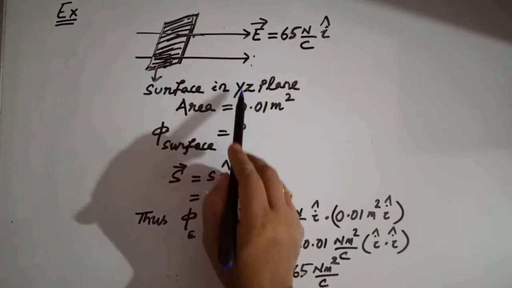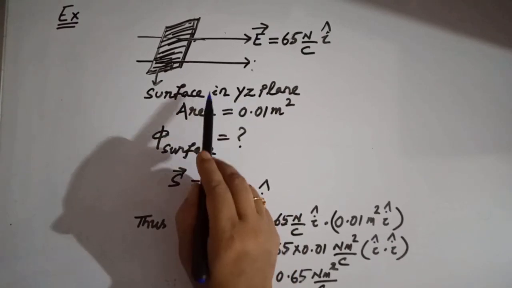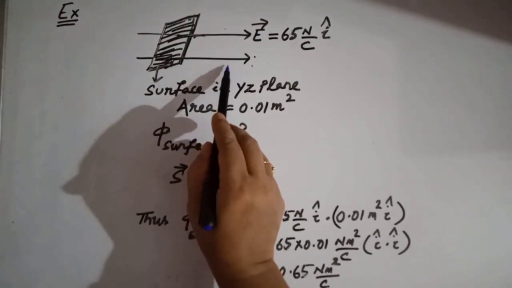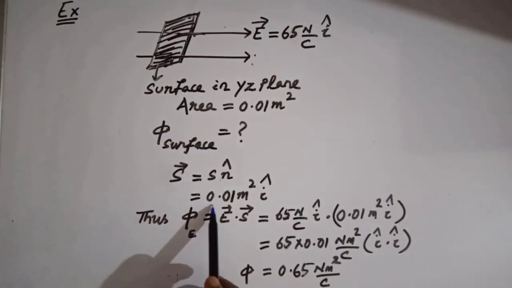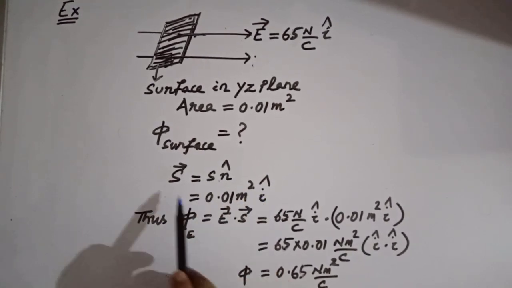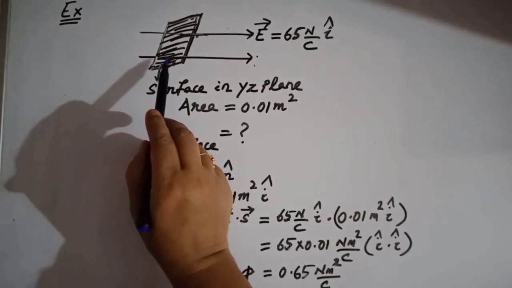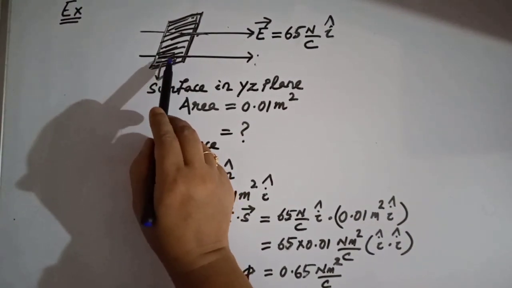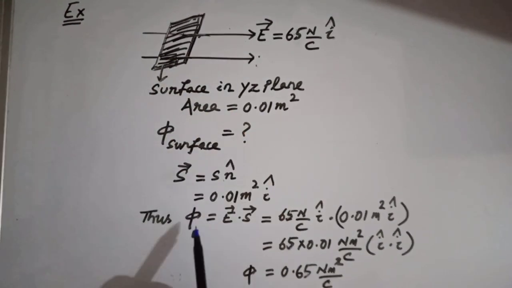The x-axis is perpendicular to this YZ plane. That means the direction of this area vector is along x-axis. So S vector is equal to 0.01 meter square i cap. This i cap gives the direction of area vector. Area is in YZ plane, which means area vector is perpendicular to it, so it is along x-axis.